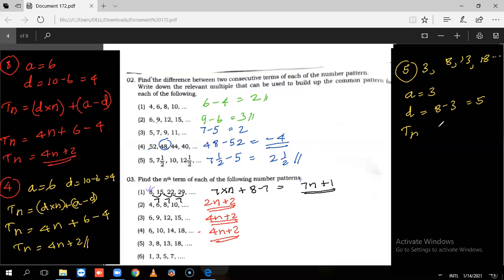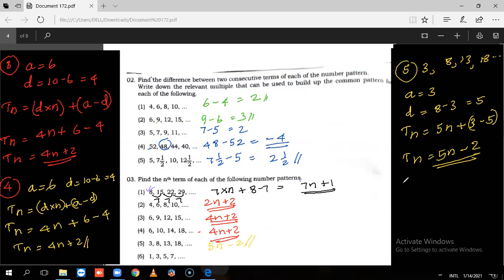Tn equals common difference 5n plus first term 3 minus 5. 3 minus 5 means minus 2. 5n minus 2. Then here you can write the answer, 5n minus 2.